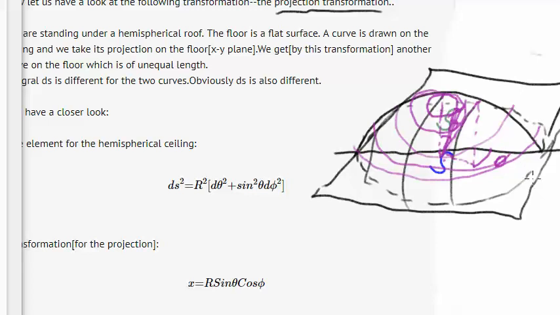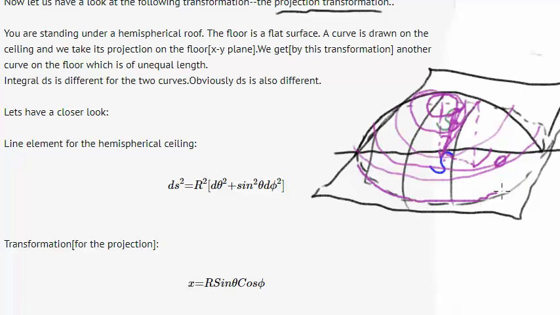So if theta is 90 degrees, sine theta is 1, and you use the whole hemisphere. When sine theta is 0, this is not going to have any contribution at all, changing phi. Or yeah, when theta is 0, then sine theta is also 0. So you wouldn't have any contribution to going around the circle at all.